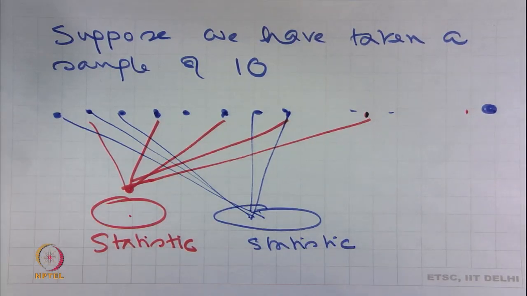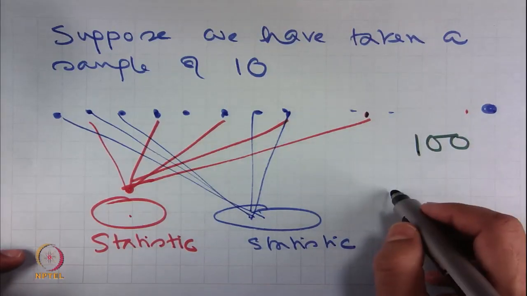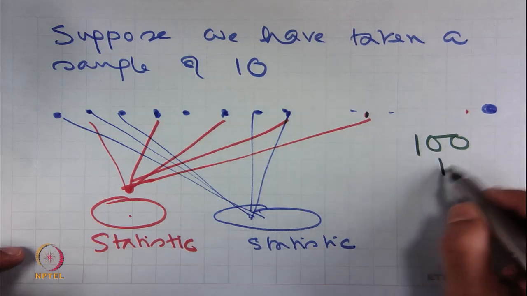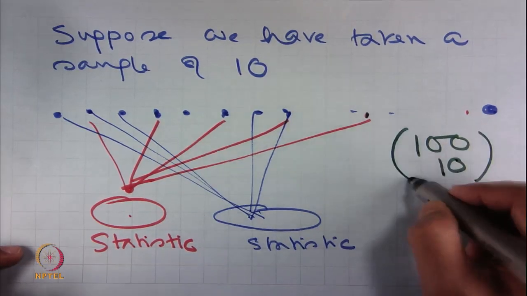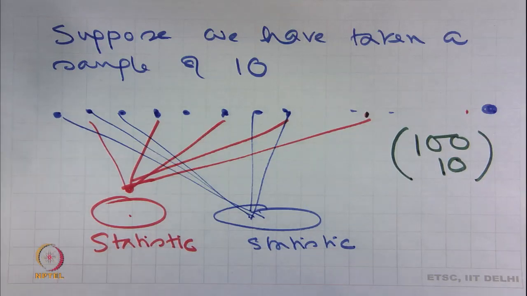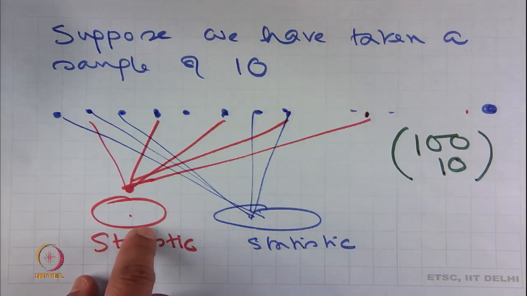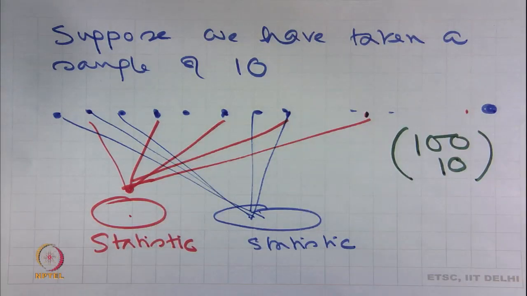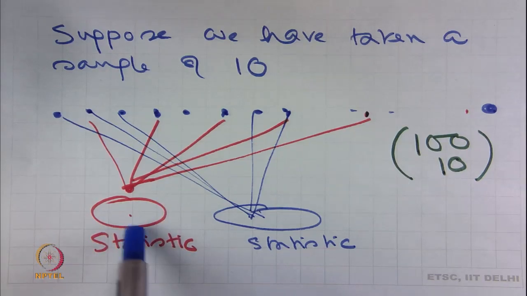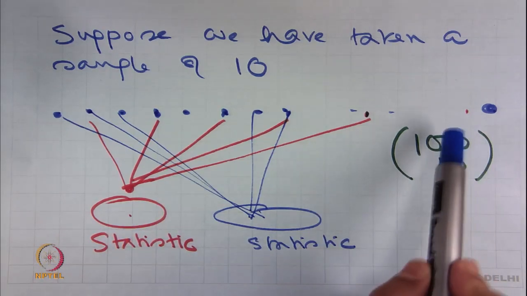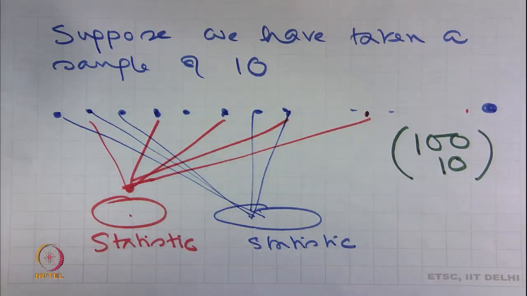It is clear that if there are 100 students and I take 10 out of it, then I can get 100C10 so many different samples. Each one of them will produce a statistic. This is the statistic that I am going to use to estimate the population parameter. However, this statistic is random, as there can be as many as 100C10 different statistics.